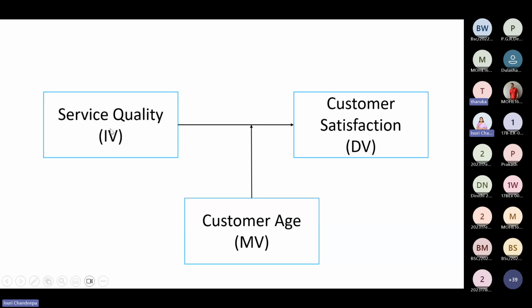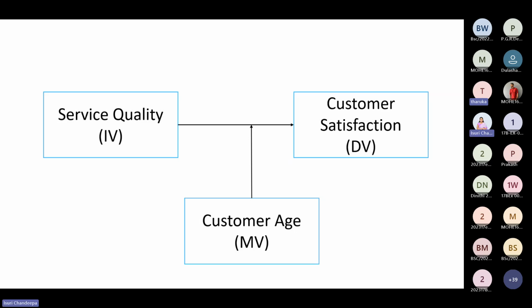For example, in the first scenario, customers who are less than 30 age, 20 to 29, are really satisfied with the service quality provided by the hotels.